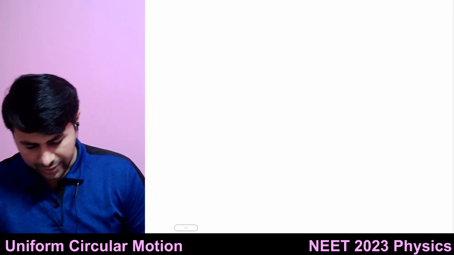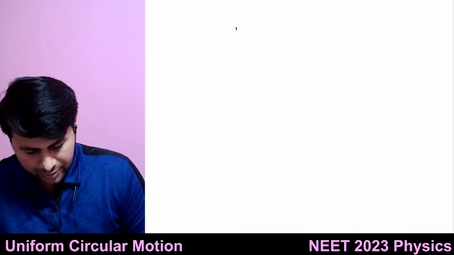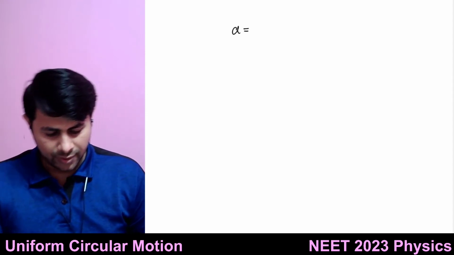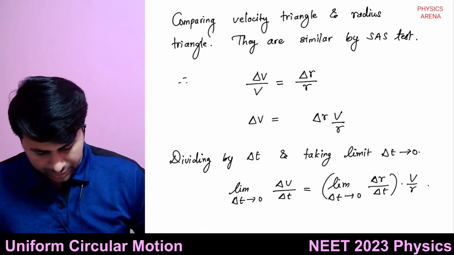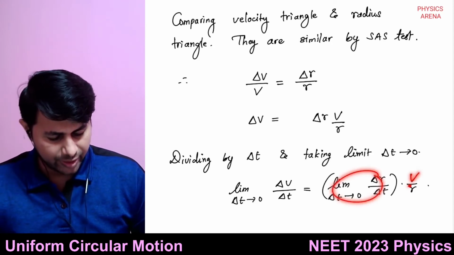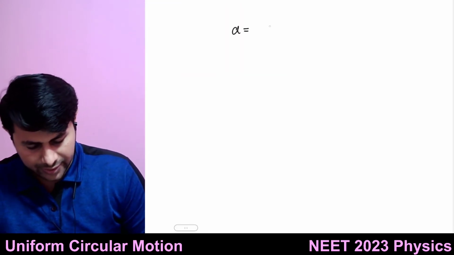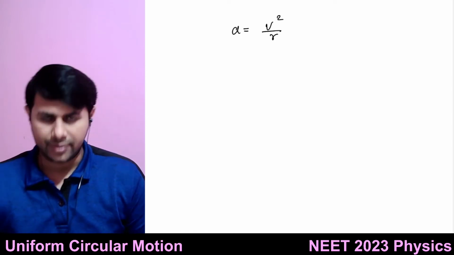So I can write this as, this is acceleration, equal to this v multiplied by v upon r. So I can write this as v square divided by r.